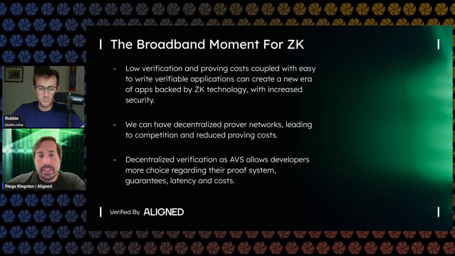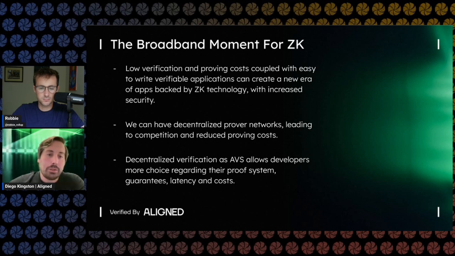And so what we think is that we could be in the broadband moment for ZK. As we said, proving costs have been going down, and it's easier to write verifiable applications. So you can build decentralized apps in a much easier way with increased security.